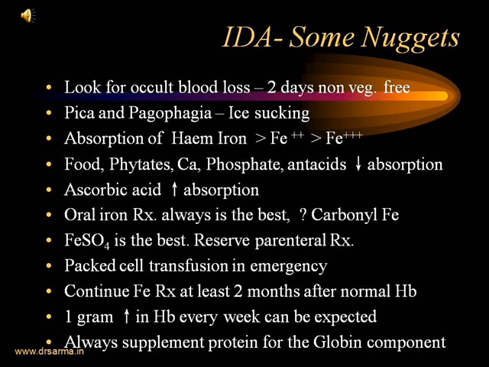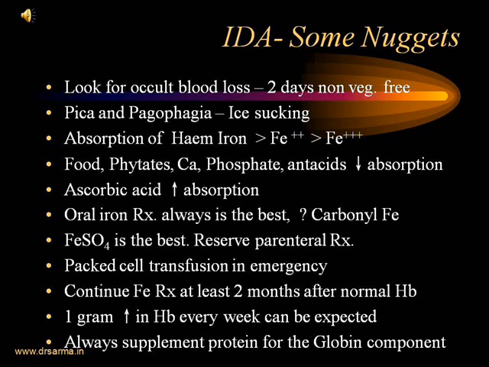First and foremost thing is look for occult blood loss, chronic occult blood loss due to hookworms or bleeding piles or some DU or GI bleed or menorrhagia or metrorrhagia or any other cause of chronic slow blood loss.